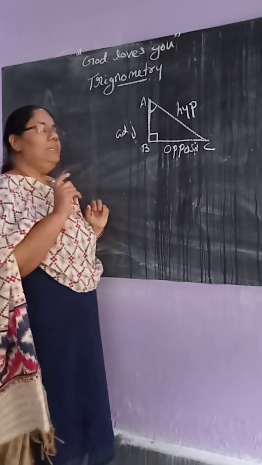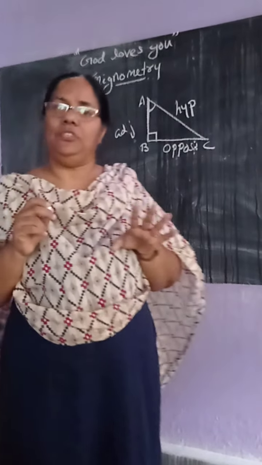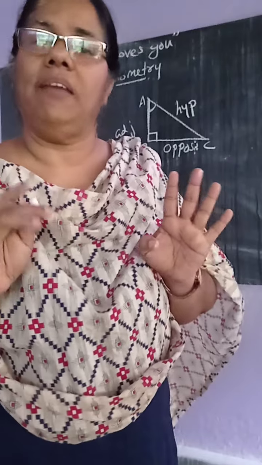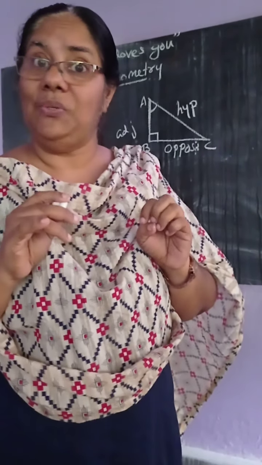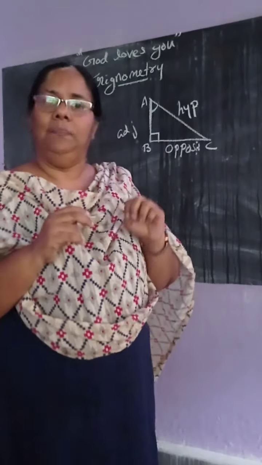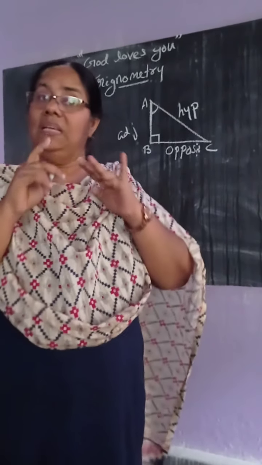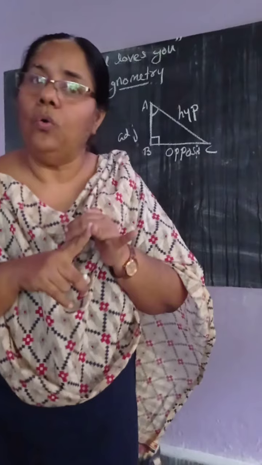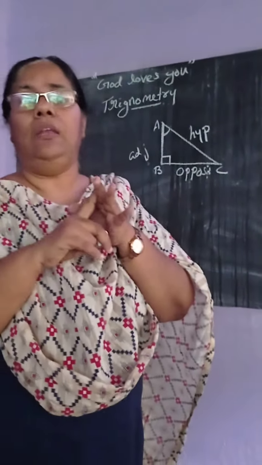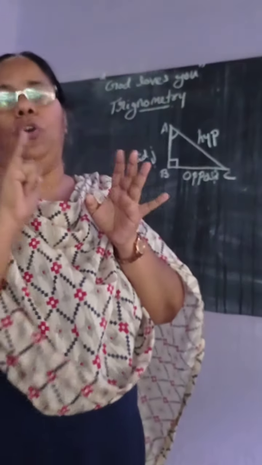Understand? Now, in trigonometry, there are 6 trigonometrical ratios. They are sine, cos, tan, cosec, sec, cot.